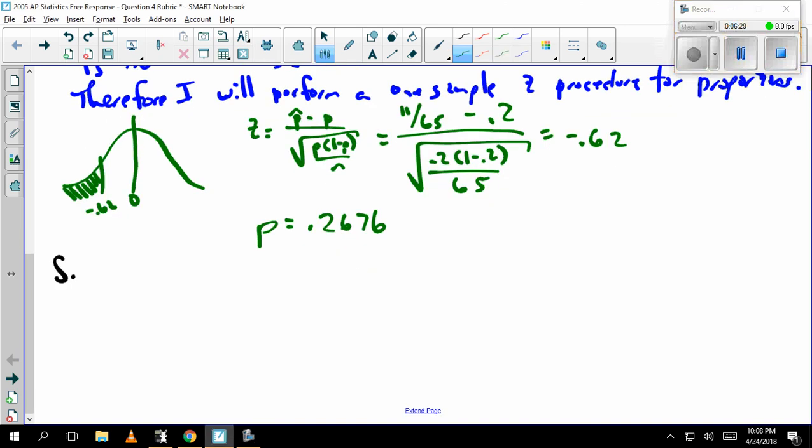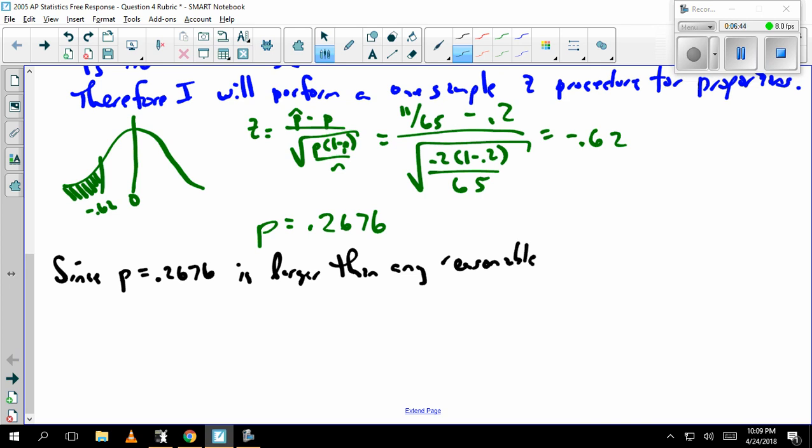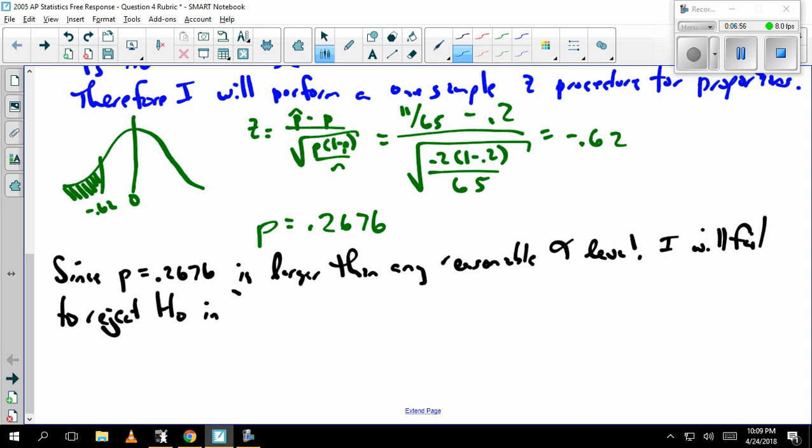So since p equals 0.2676 is larger than any reasonable alpha level, I will fail to reject H0 in favor of HA.